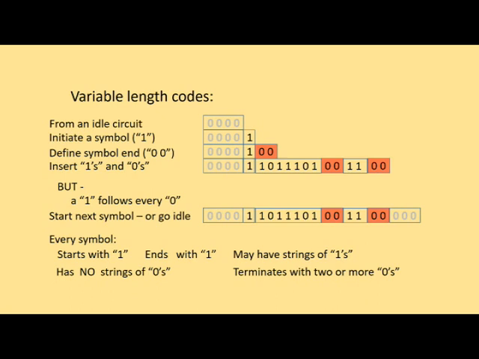So there needs to be some means of saying when it is over, and that means is to put 2-bit zeros at the end of every symbol. So the symbol can start with a 1 and have any number of 1s and 0s that you wish, but if a 0 appears, it cannot be followed by another 0, or that would signify the end of the symbol. Zeros must be followed by a 1, but there may be as many 1s in a row as desired.